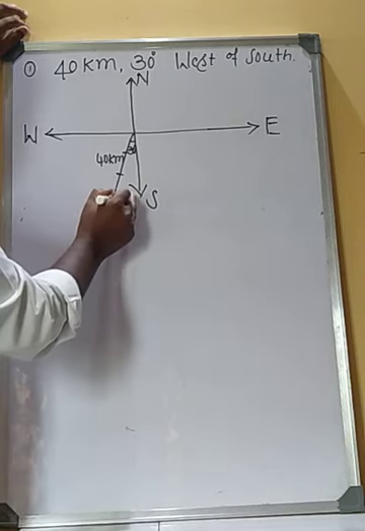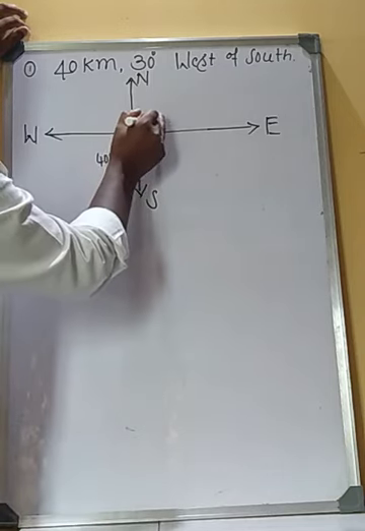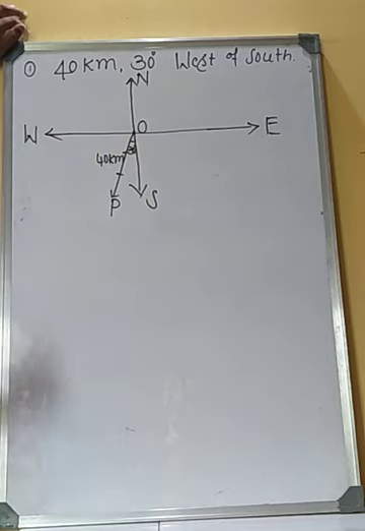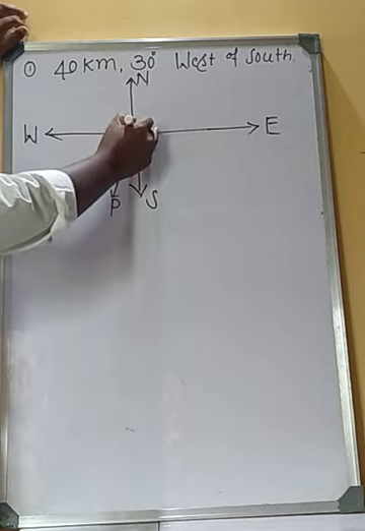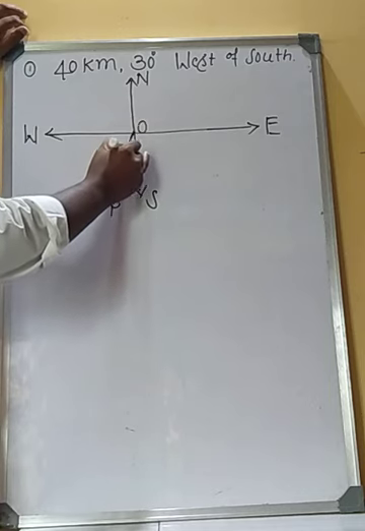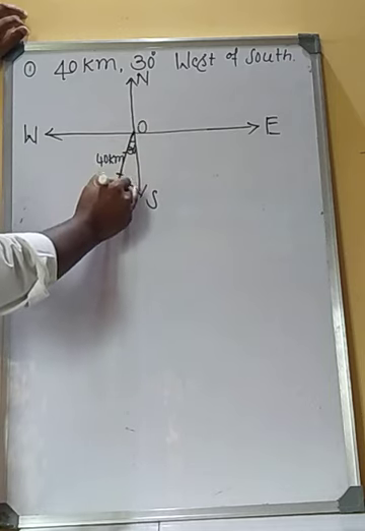So point P, OP vector equals 40 kilometers. The vector OP represents the required displacement.